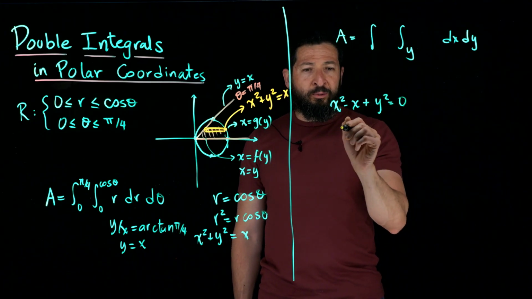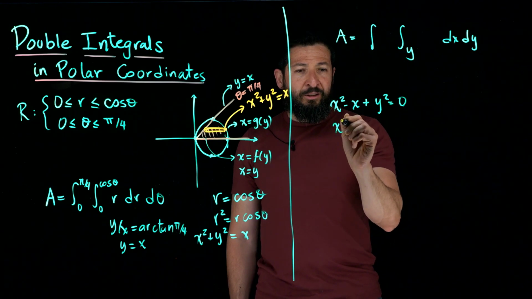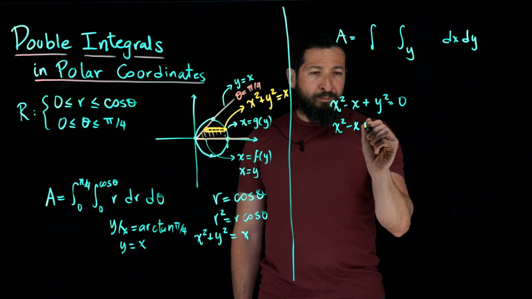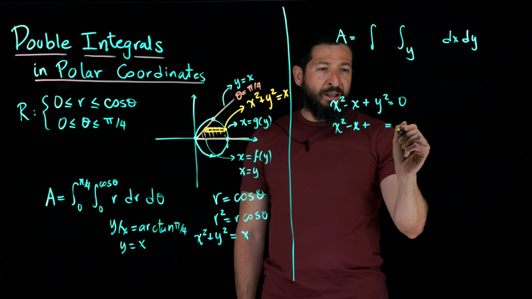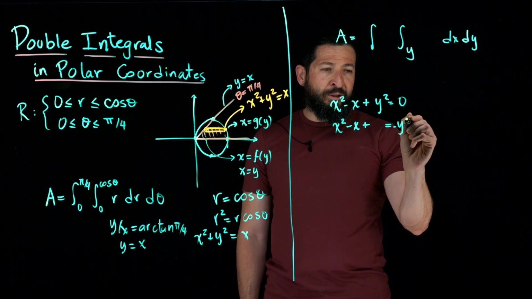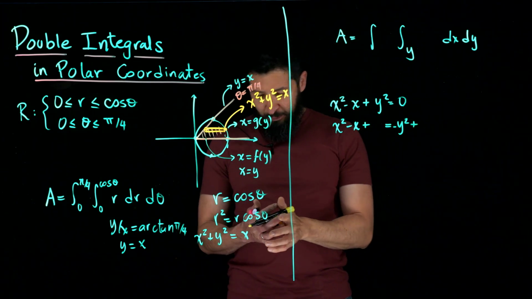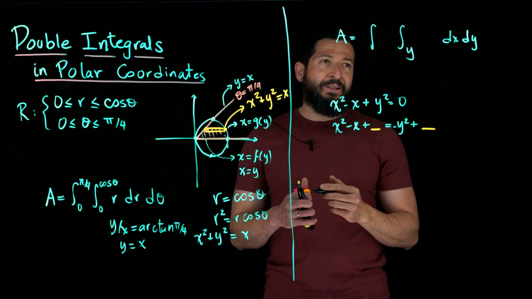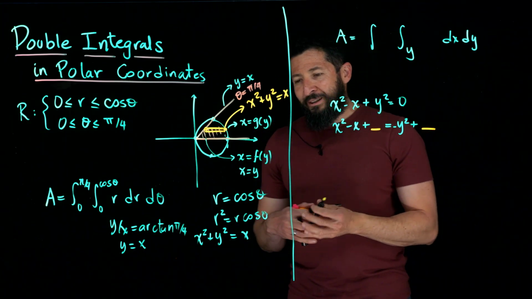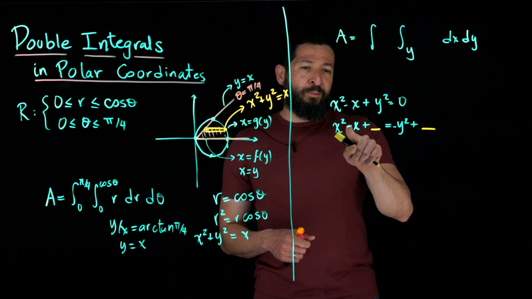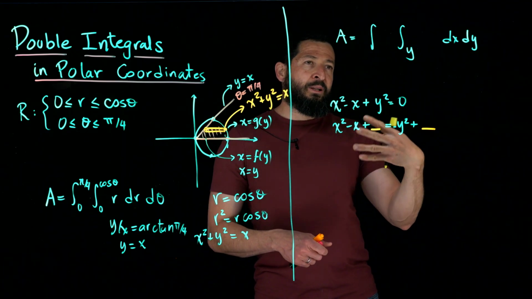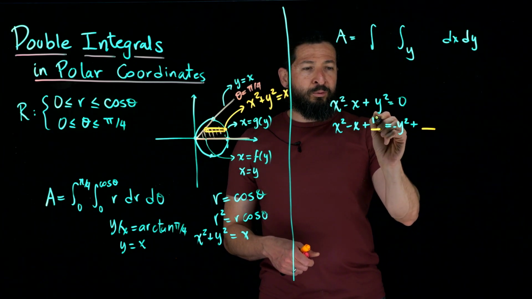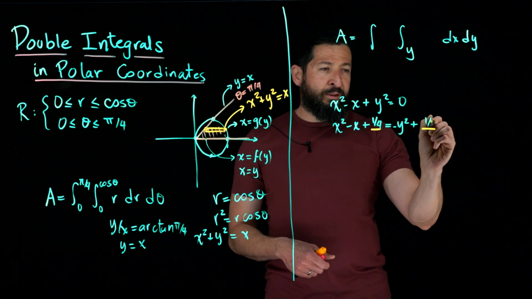I'm going to subtract y squared on both sides, and I'll have x squared minus x plus something equal to negative y squared plus something. What is that something going to be? I'm trying to do a completion of the square. So I grab this negative 1, divide by 2, and then square it. So 1/2 squared is 1/4 here and 1/4 there.